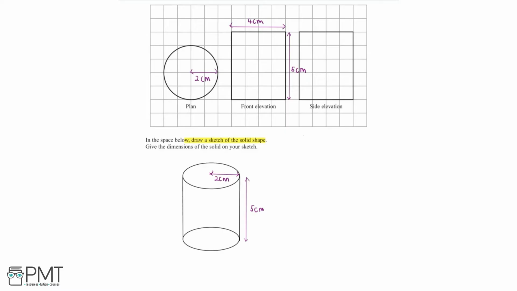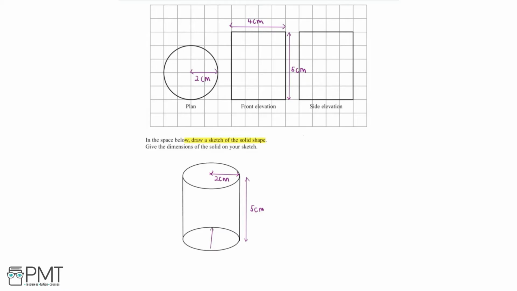Now the last dimension that we need to add in is the 4 centimetre dimension. Now if the width of our rectangle for our front and side elevation is equal to 4 centimetres, we can say that the width of our cylinder is equal to 4 centimetres. Now the width would be this length here. Now this length here goes from one end of the circle to the other end of the circle, passing through the centre.